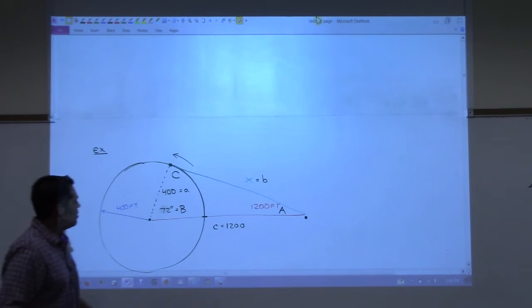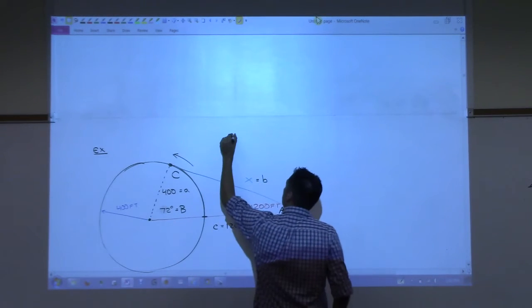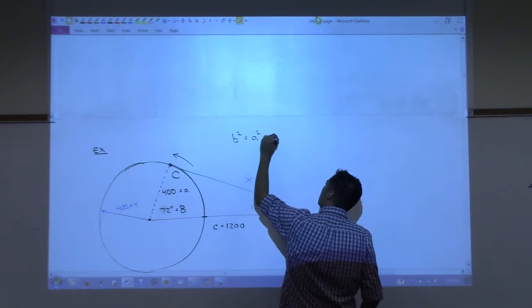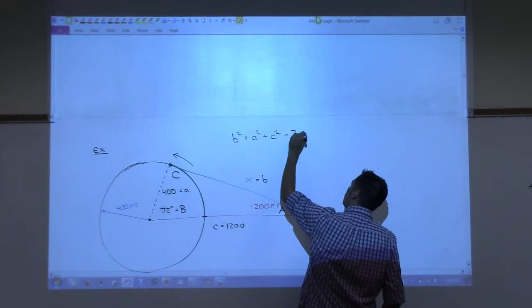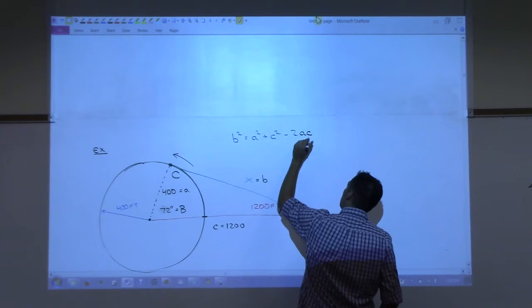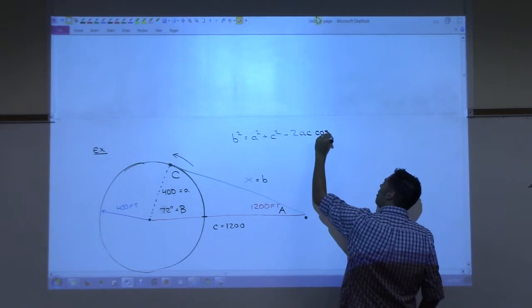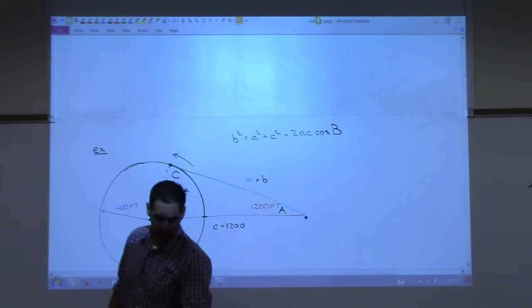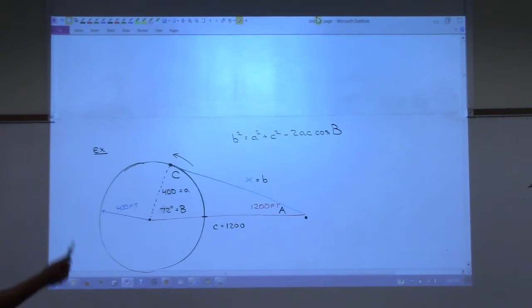So if I want to know little b squared, it is little a squared plus little c squared minus 2 little a little c cosine of capital B. We better know little a, we better know little c, and we better know the angle between them, right? Which we do.